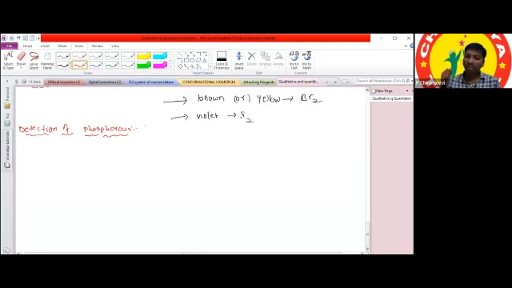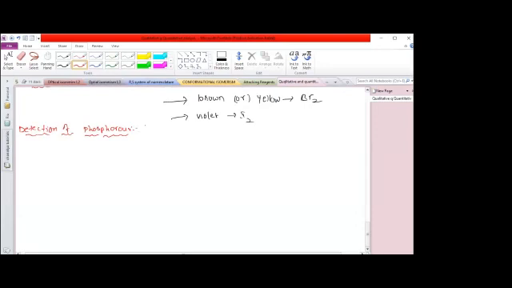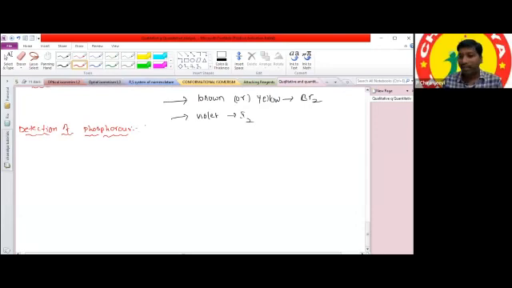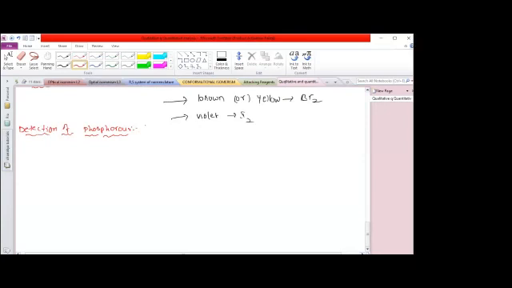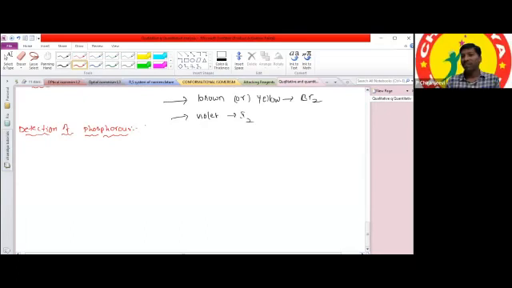Aditi, I didn't get your voice. Oh, no, sir, don't know. Sai Akshit? Is it something like the number of atoms in a molecule? Very good. The number of atoms present in a molecule is called atomicity.